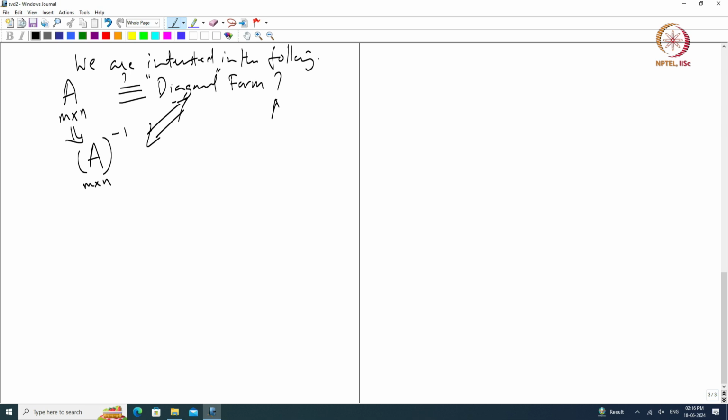For example, if you had square matrix A x equal to B, M cross M, X was A inverse B, assuming that it is non-singular.